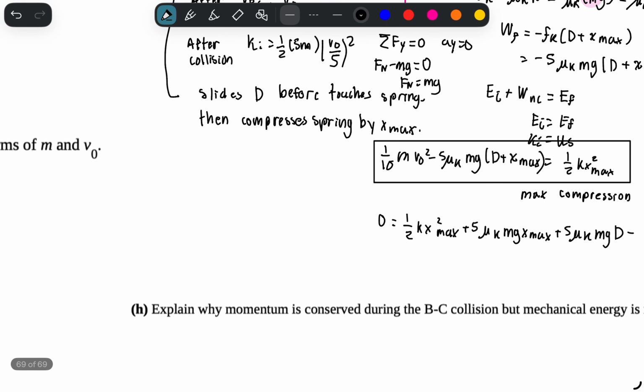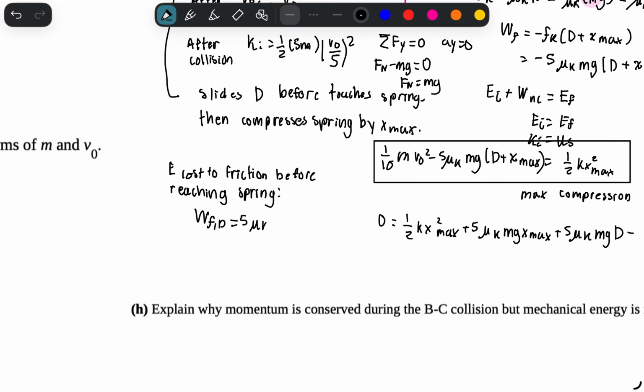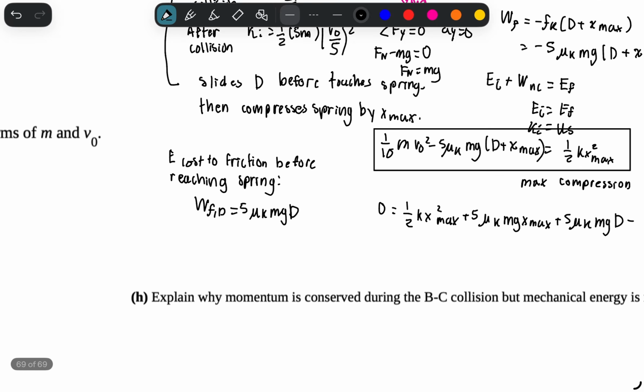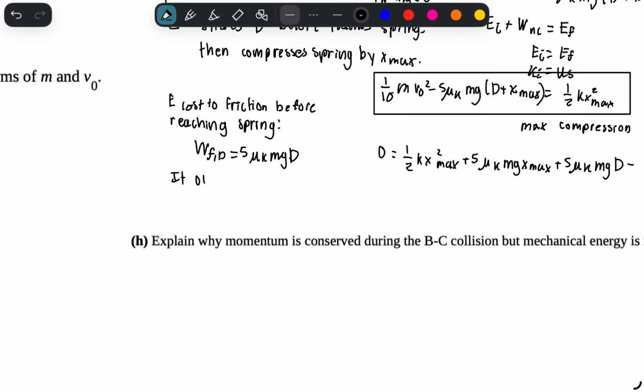So our energy lost to friction before reaching the spring, that is going to be work friction, 5 mu k m g d. So it only reaches our spring if we have 1 over 10 m v initial squared greater than 5 mu k m g times d.